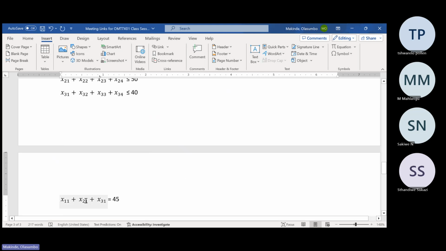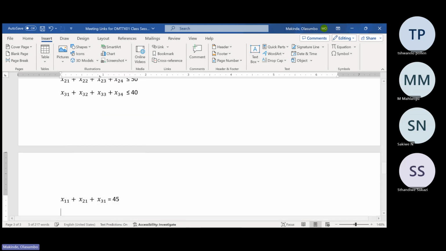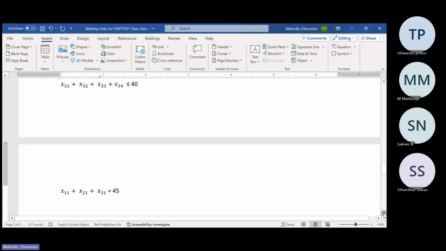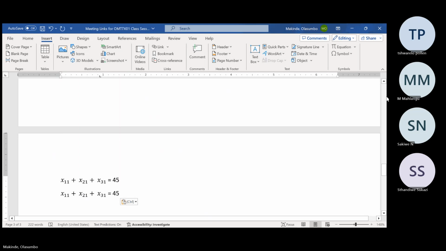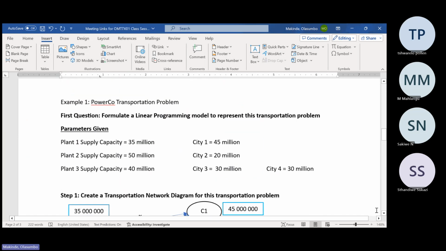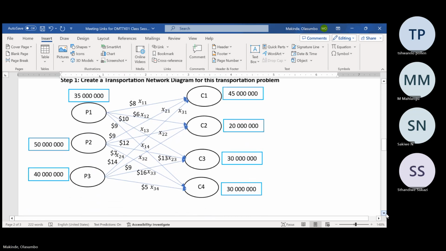Then the second one, we're almost there. Because we are doing it for the first time, it is not difficult. We copy, then we paste it. What CT2 gets, based on the network, means that anything P1 or P2 or P3 will supply CT2, when we sum it together, should be exactly that 20 million.